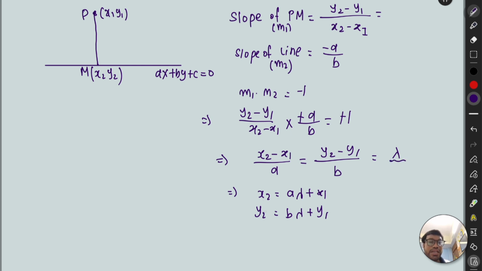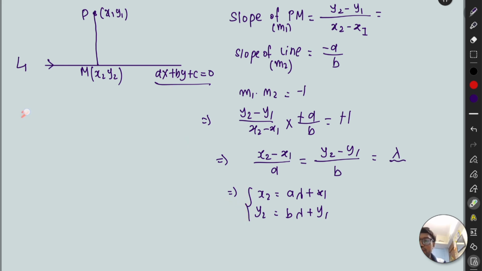So we can say that x2, y2 is a coordinate on the line L. What we can do is substitute these two points into the line ax plus by plus c equal to 0.